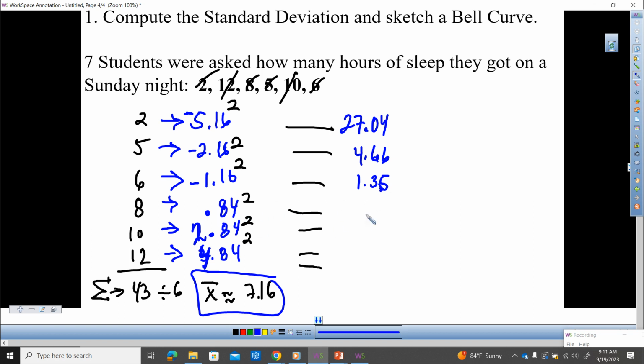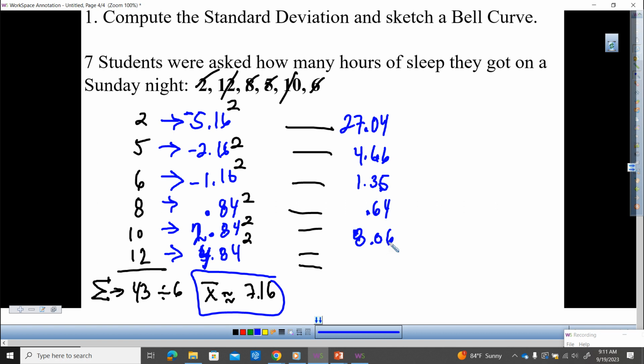Approximately. 0.84 squared, Sean? 0.64. 2.84 squared, Giselle? 8.06.